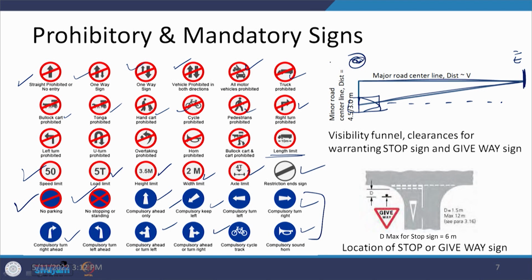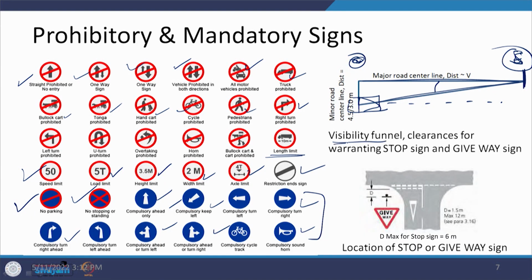Say I put a sign here, and the driver is moving. This is the angle at which the driver is going to look towards the sign, and this particular area needs to be clear of any obstruction, otherwise the driver is not going to be able to comprehend and act according to that particular sign.